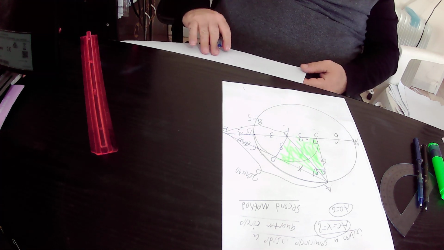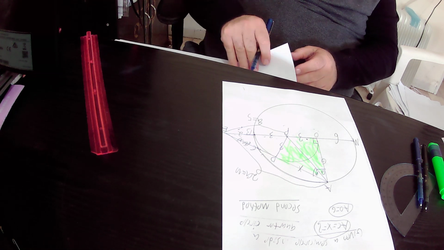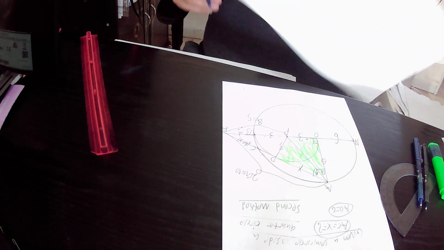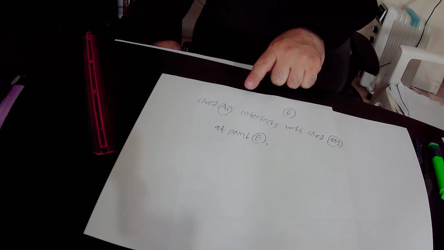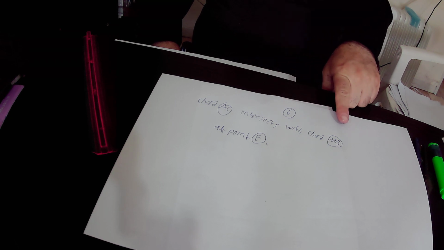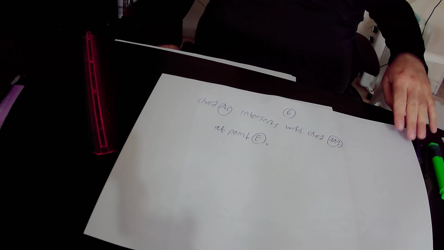I repeat again. In our drawing, chord AC intersects with chord MB at point E.